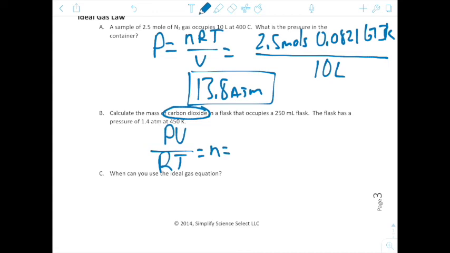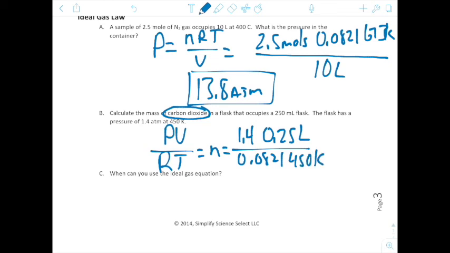So what we end up getting is a pressure of 1.4 times a volume of 0.25 liters, we have to convert that, divided by 0.0821 and a temperature of 450 Kelvin.